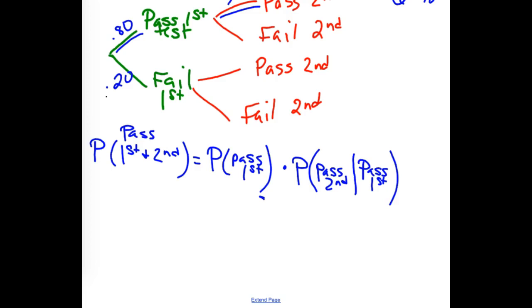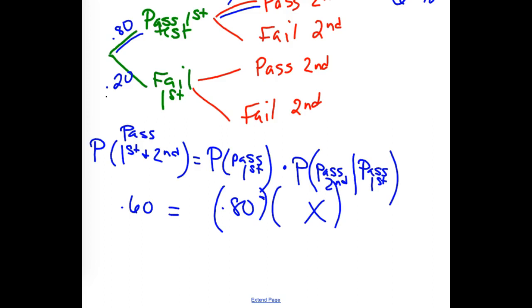So what was the probability that we passed the first test? 80%. What was the probability that we passed both tests? That was the 60%. And this was our unknown, right? So we're taking 0.80 times something to get 0.6.